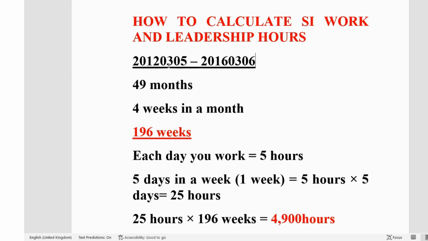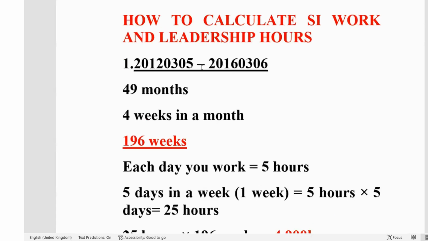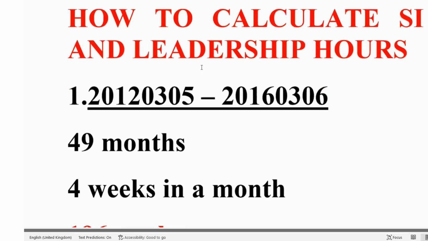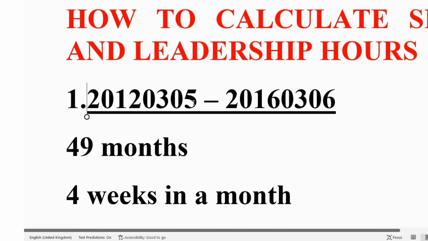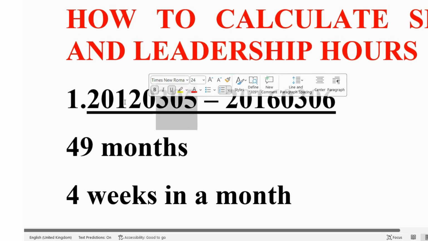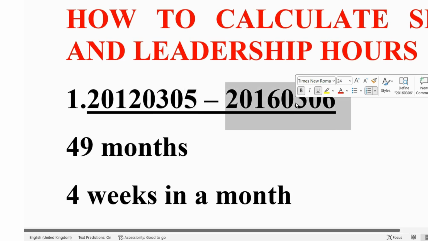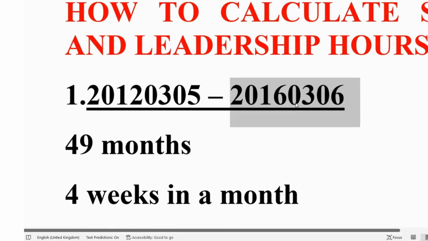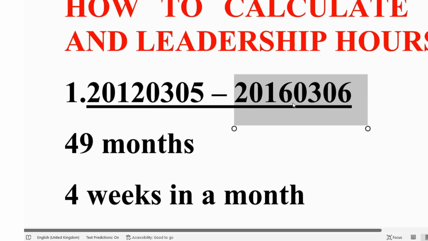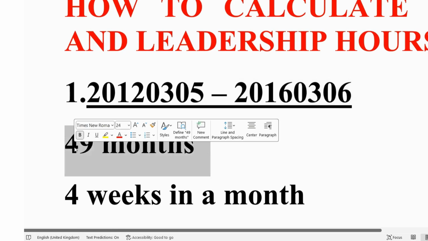So for instance, let's assume that you work within this particular period. You work from 5th March 2012 to 6th of March 2016, okay? So within this time period of work, you just have to calculate the months within that particular time frame.